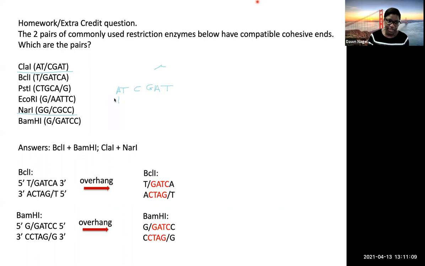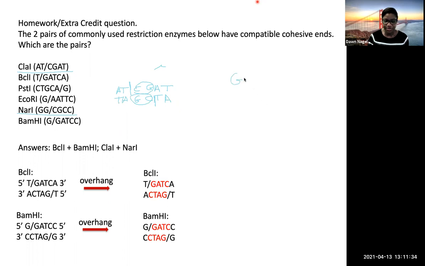Right, the other strand is this. So this is ClaI. This enzyme cuts here, and the bottom strand will cut here. So this is your overhang, your GC. So NarI is exactly the same.